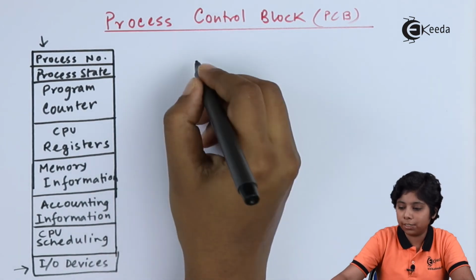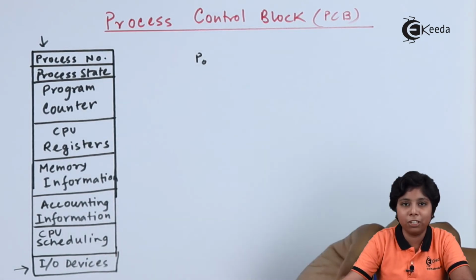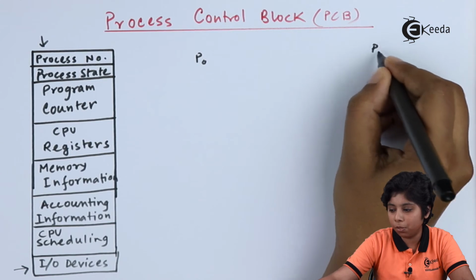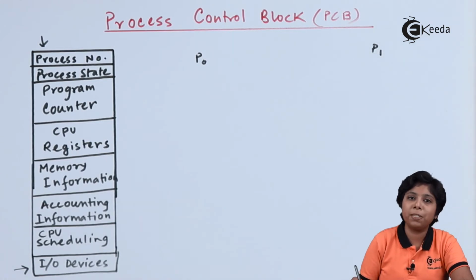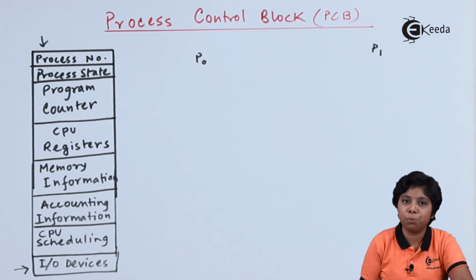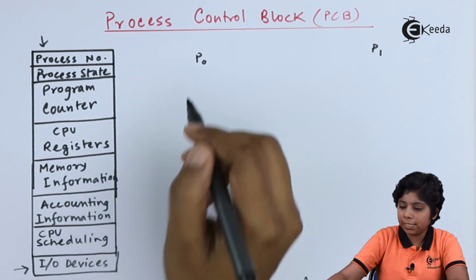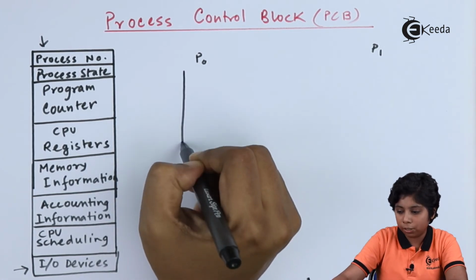Suppose there are two processes, process number one is P0 and process number two is P1. So there are two PCBs: the PCB for process P0 is PCB0 and the PCB for process P1 is PCB1. Suppose P0 is executing.